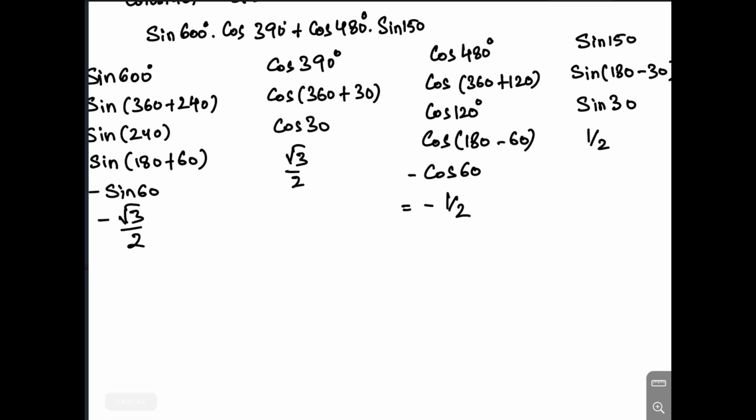We can substitute all those values in equation 1. Let's substitute all the values and simplify. Sin 600 into cos 390 plus cos 480 into sin 150.